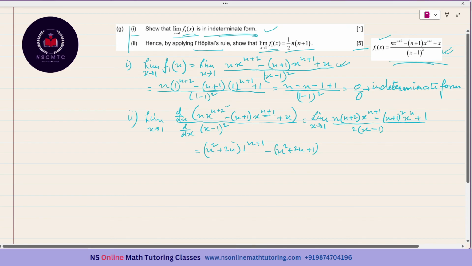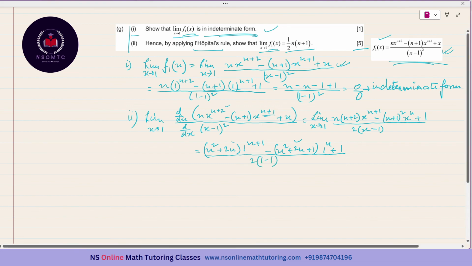Since I have expanded this, I am expanding this one as well. 1 to the power of n plus 1. Okay. So equal to over 2 times 1 minus 1.